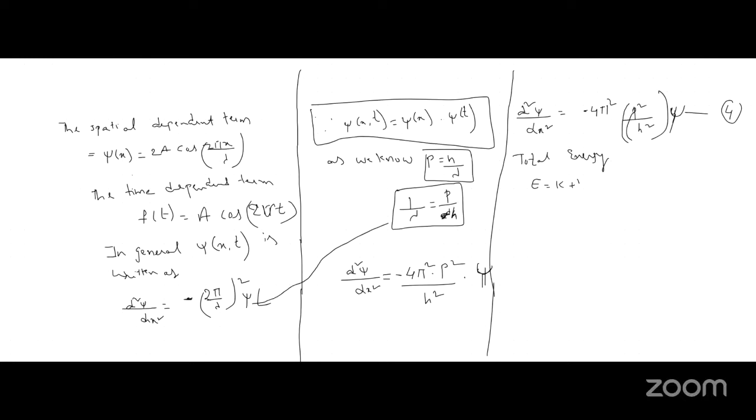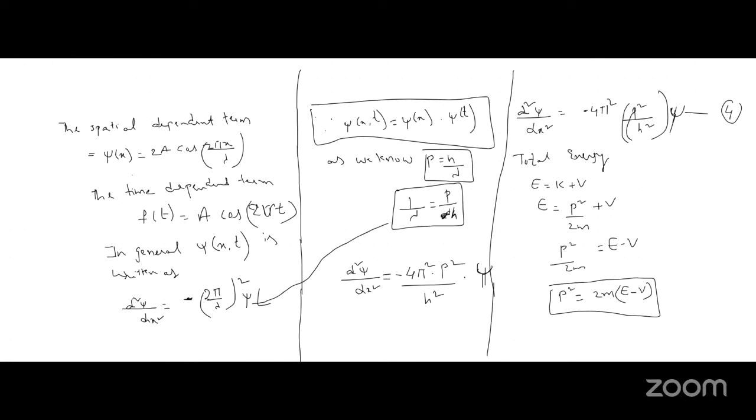In place of kinetic energy, I am substituting p square by 2m, which we got previously from equation 1, plus V. So p square by 2m equals E minus V, and p square equals 2m times E minus V. This is equation number 5.